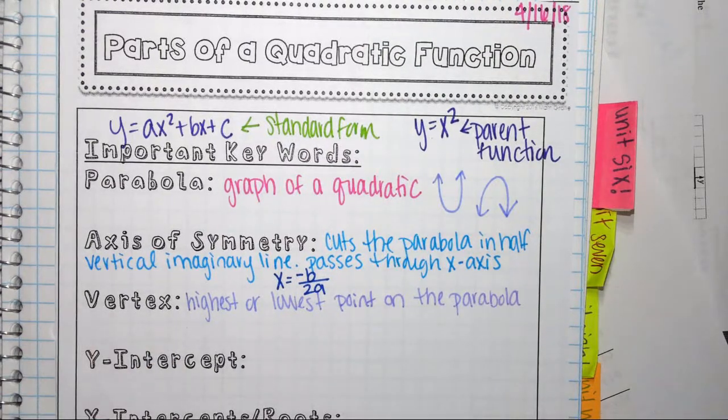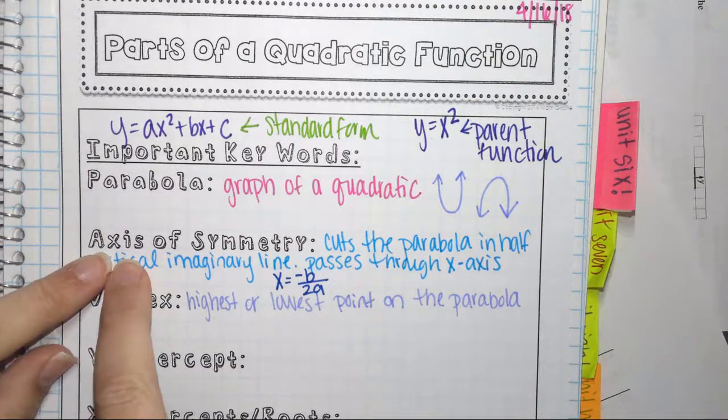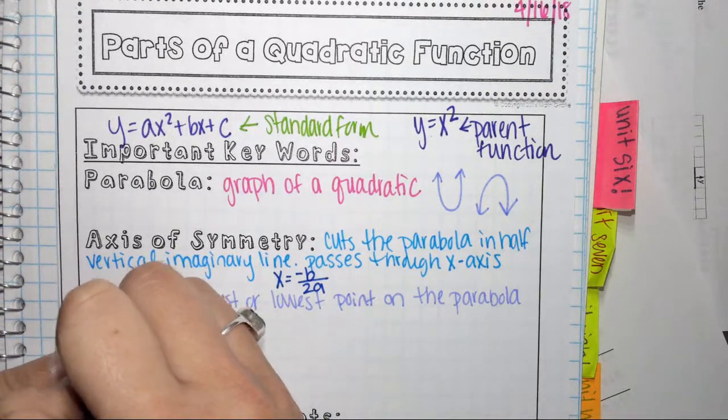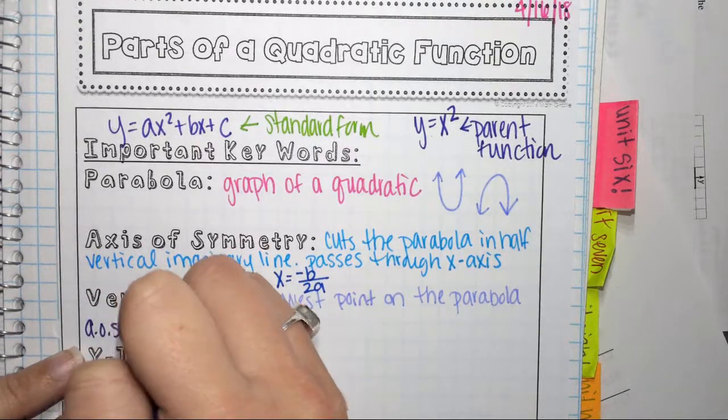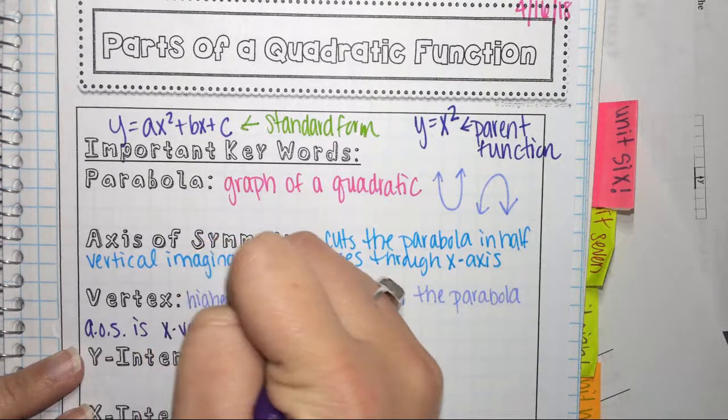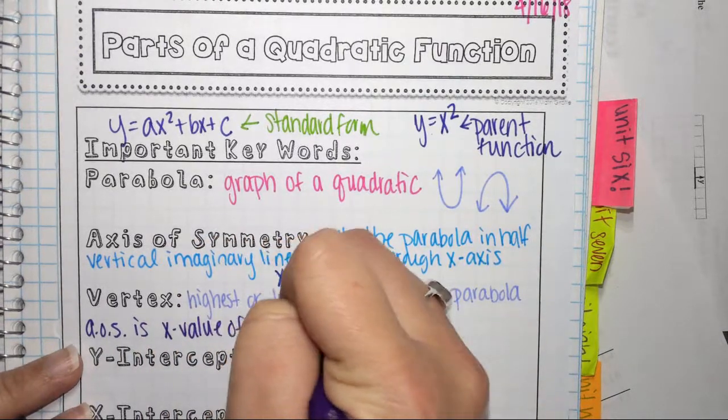And do you think that the axis of symmetry passes through our vertex? Yes, it would have to. So your axis of symmetry is the x value of your vertex. So we're going to say AOS is x value of vertex.